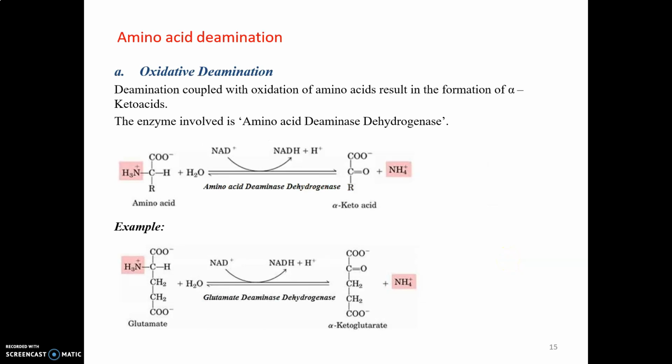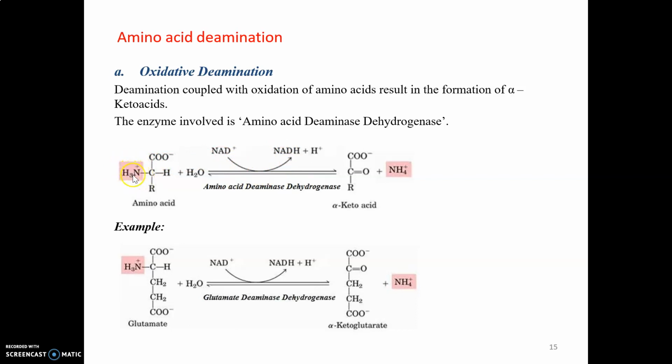Now coming to the next process, deamination. What is deamination? Removal of an amino group is known as deamination. It can take place in two different ways. One is oxidative deamination. So you have an amino acid. In the presence of NAD+, the NAD+ undergoes reduction to NADH, and the amino acid gets oxidized.